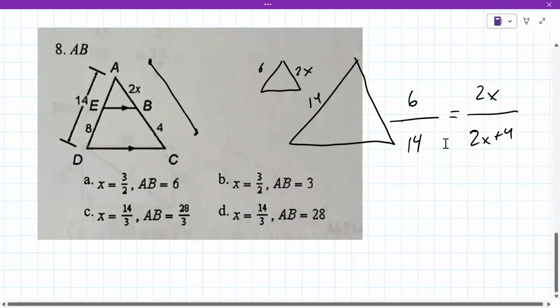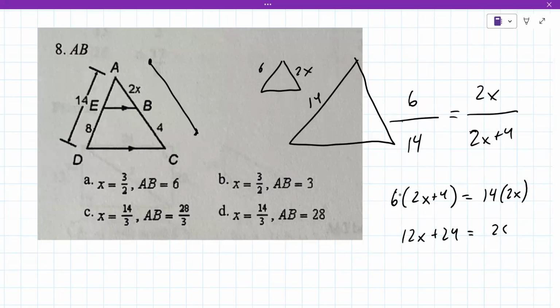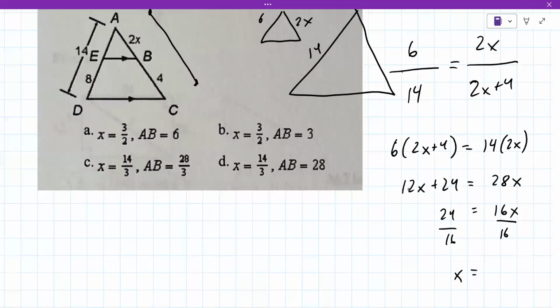All right. So this one requires a little more effort to solve, but I'm sure you can do it. And it's nice that the answers are there because they tell you, okay, it's either 3/2 or 14/3. So I got for x, I got 3/2.